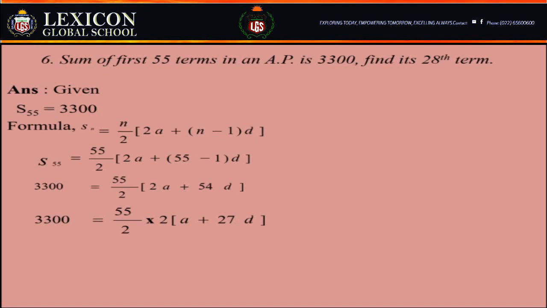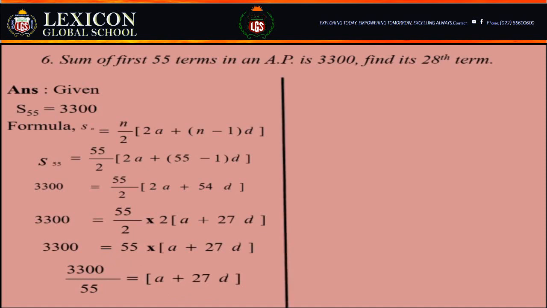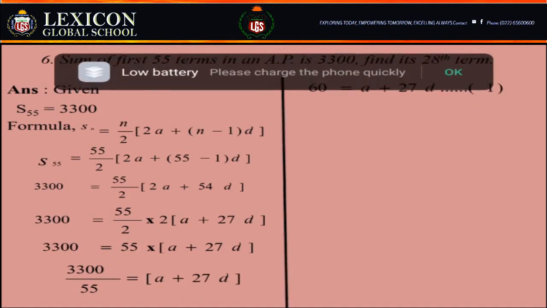The 2 in the denominator and the 2 in the numerator get cancelled. 3300 is equal to 55 into a plus 27d. 3300 divided by 55 gives 60, which is equal to a plus 27d, which is your equation 1.